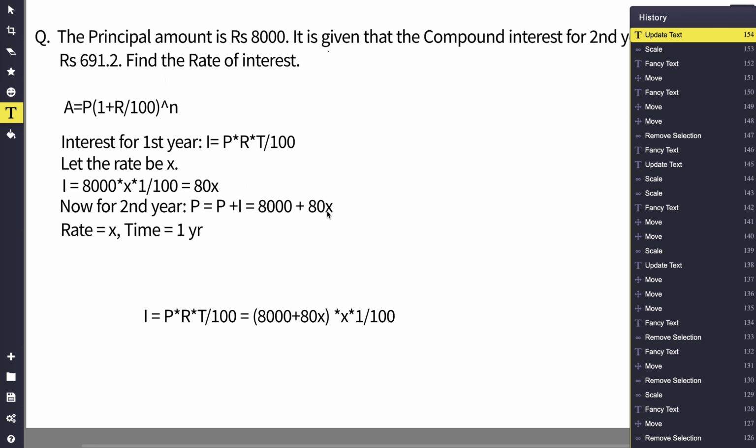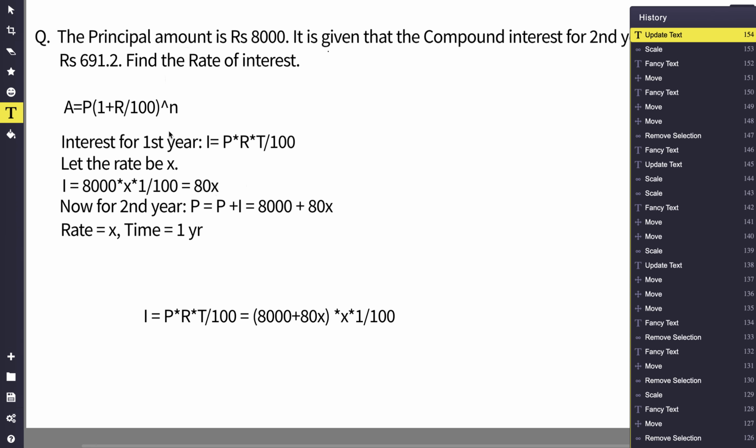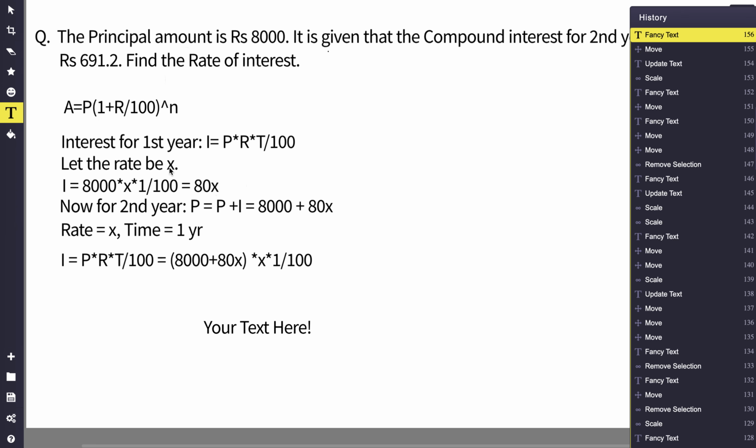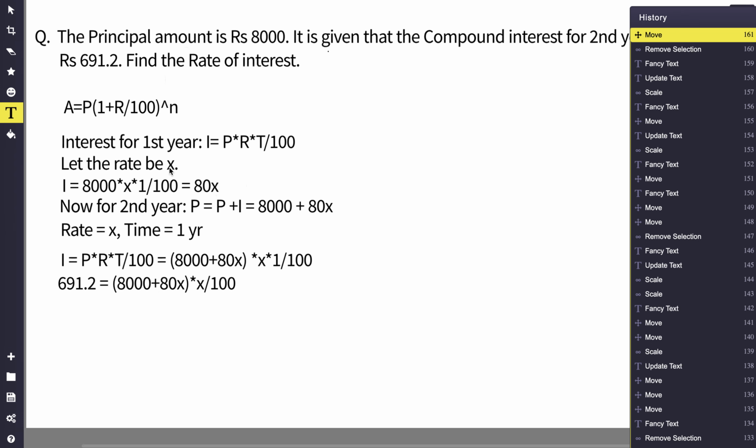Now we know that this compound interest for the second year is rupees 691.2. So 691.2 equals 8,000 plus 80x into x into 1 divided by 100. Now I am hoping that you know how to solve a quadratic equation.